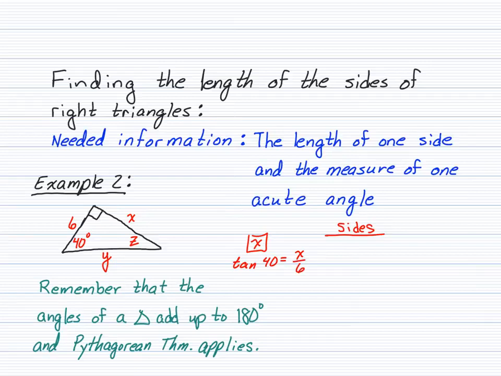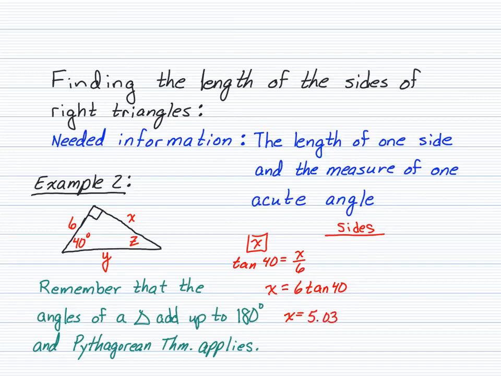And now we need to solve for x, and we will do so by just multiplying the 6 over to the other side of our equation, giving us x equals 6 times the tangent of 40. And the tangent of 40 is 5.03.